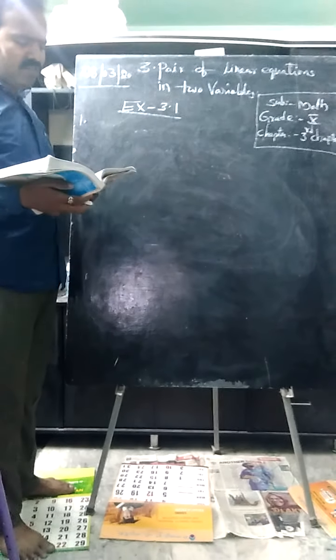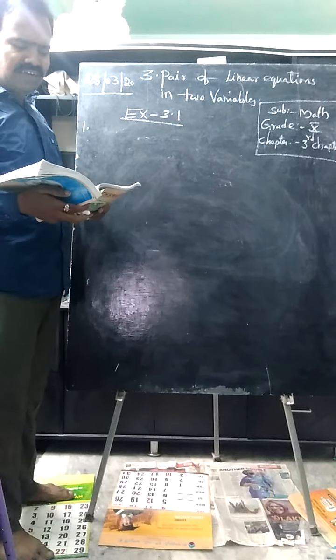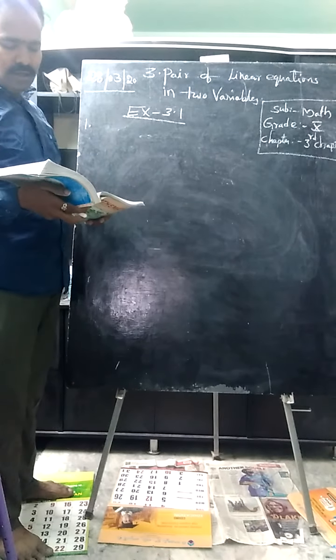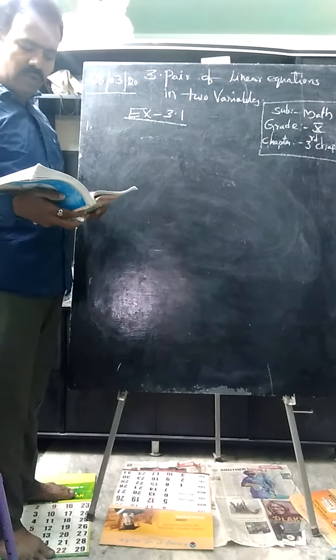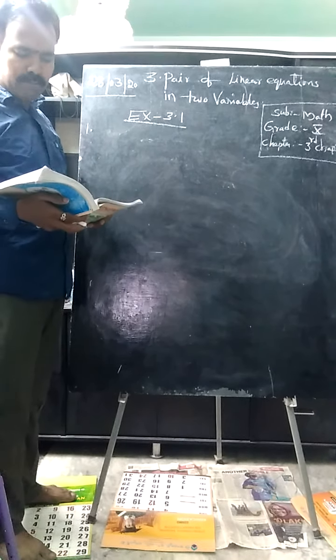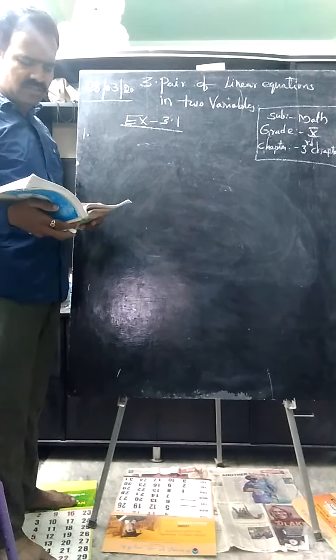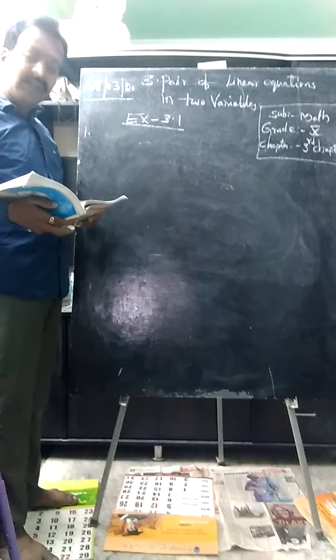First problem: Aftab tells his daughter, 7 years ago I was 7 times as old as you were, also 3 years from now I shall be 3 times as old as you will be. Isn't this interesting? Represent this situation algebraically and graphically.